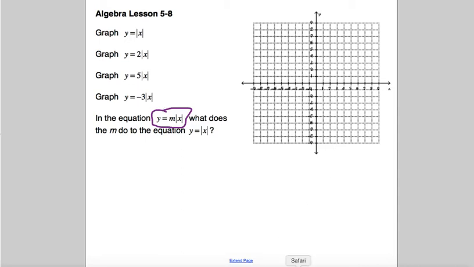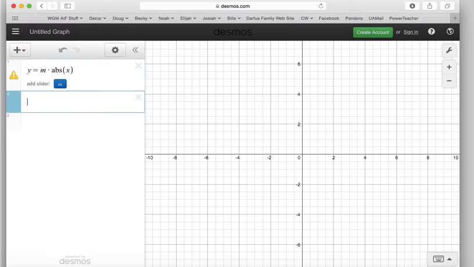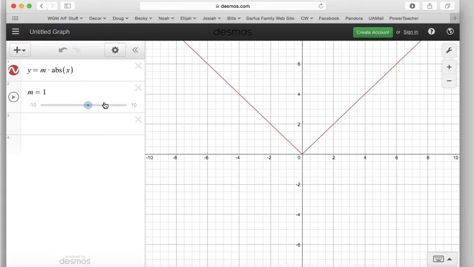So I'm going to use a program called Desmos Calculator, and I'm just going to type y equals m times the absolute value, ABS is what we use for absolute value, of x. And I'm going to create a slider. Here, m equals 1, and we get this graph, y equals 1 times the absolute value of x.